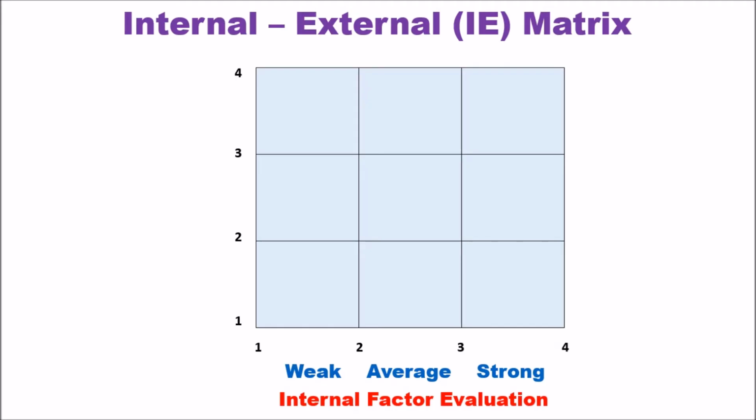Now we'll look at the vertical or the y-axis. On the y-axis, we will put the external factor evaluation. If you remember from the video that we did on the external factor evaluation, the external factors are your opportunities and your threats, because those are externally impacting you as an individual or impacting your organization.